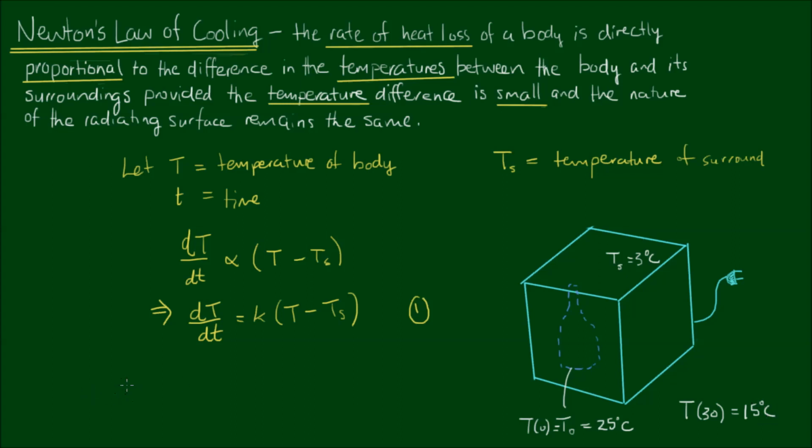So we're going to use Newton's law of cooling to determine A, what is the temperature after 1 hour? That's the temperature of the water, of course. And B, how long does it take to get to 4 degrees centigrade?